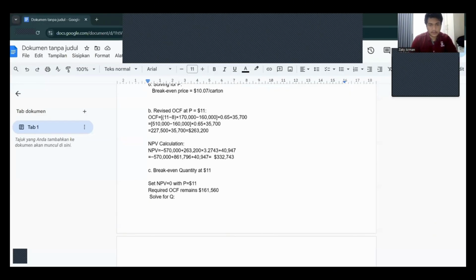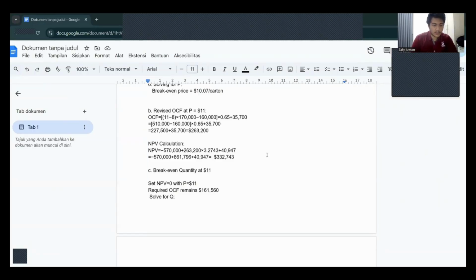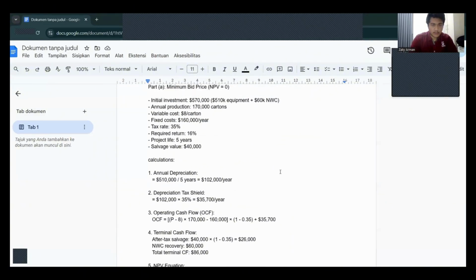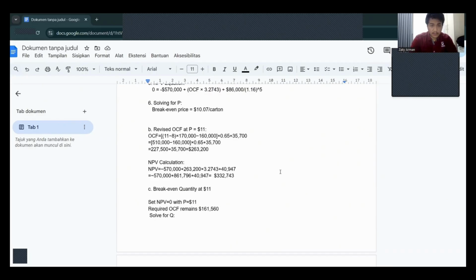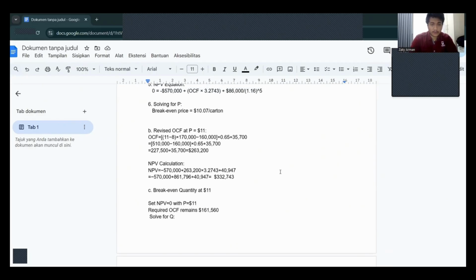So for part B, we have to revise the operating cash flow from 10.07 to 11, because from the theory, the NPV is the surplus value.